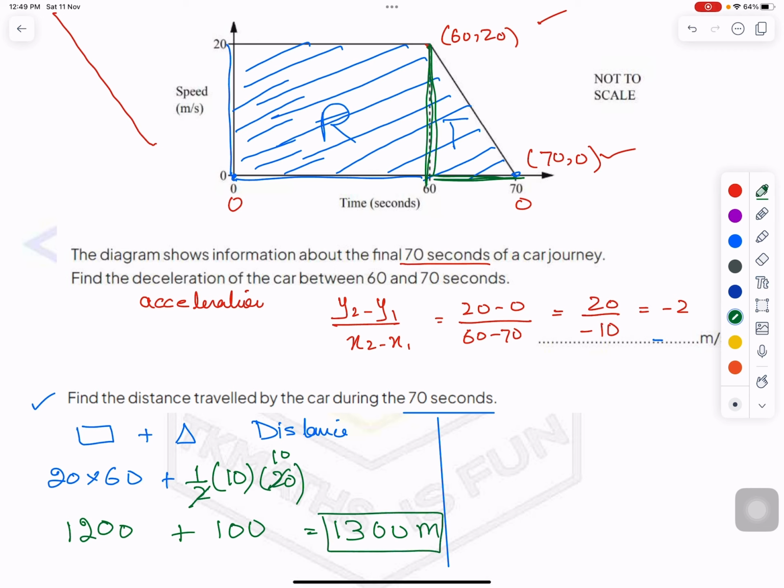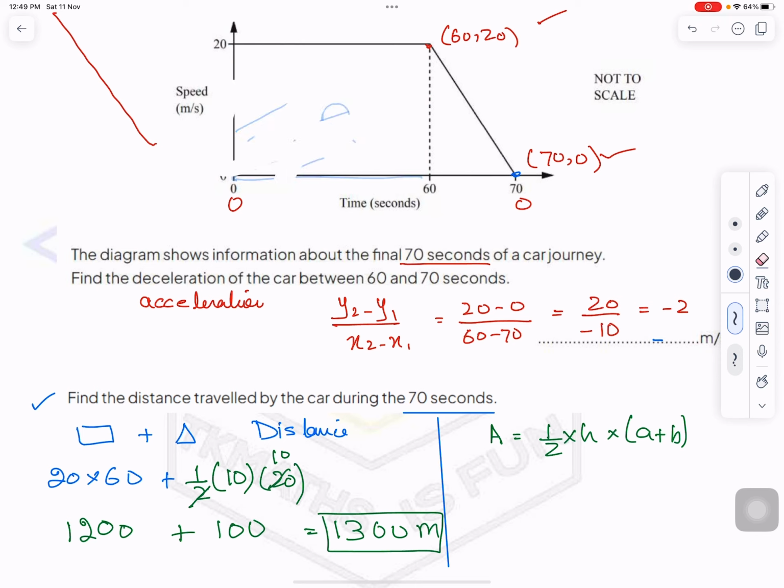Now let's do it if somebody wants to do the area under the trapezium directly. You need to remember the formula for the area of a trapezium, which is half into height into sum of parallel sides. In this case, let me erase the previous one so that it is clear and I can explain it to you. If I am taking the whole trapezium, it is from here till here, then here, then here, and then here. So the area of a trapezium is half into height into sum of parallel sides. Height is the distance between two parallel lines.